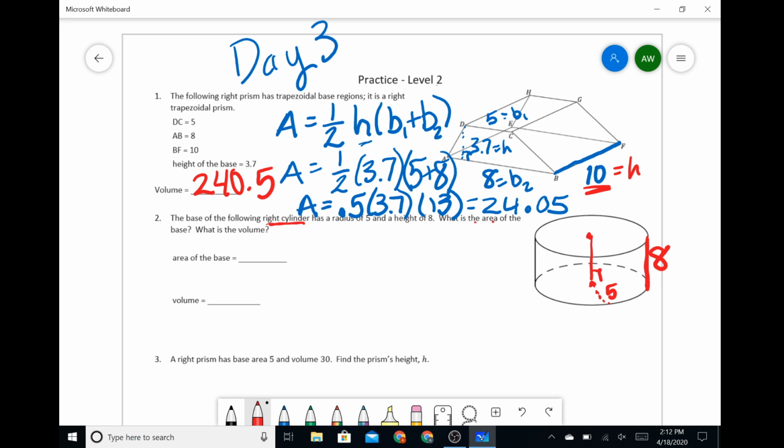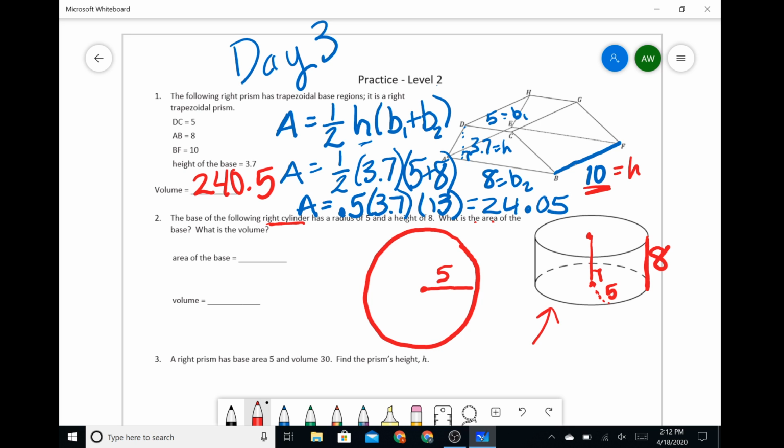So let's do that here. If I look at this 3-dimensional shape here, I know that the base is a circle. So if the base is a circle, we just need to find the area of that circle. Now we know that the radius is 5 here.